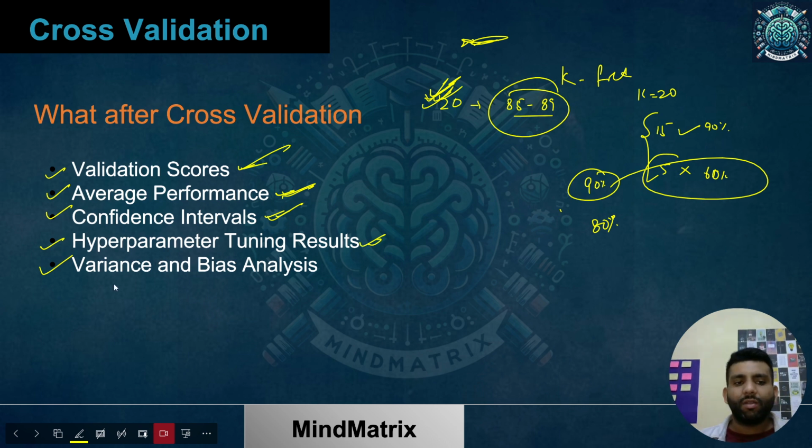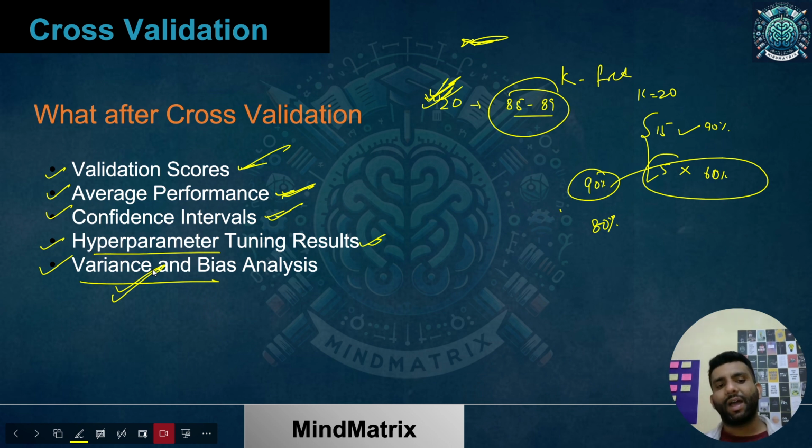And the last point, which I would like to discuss later, maybe in the fourth session. The third session would be about evaluation metrics, but in the fourth session I'll be talking about variance and bias in detail. This is a very important topic in machine learning. Cross validation also helps in determining the variance and bias of my model.